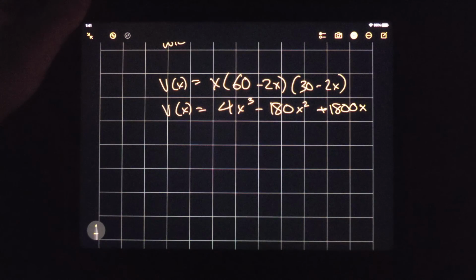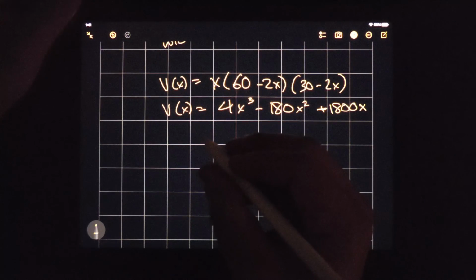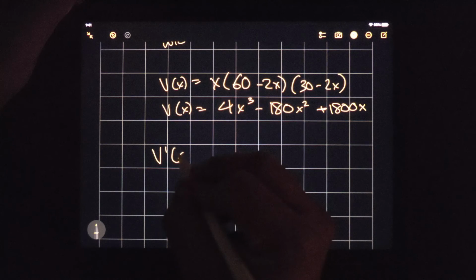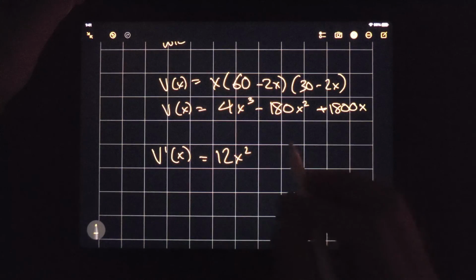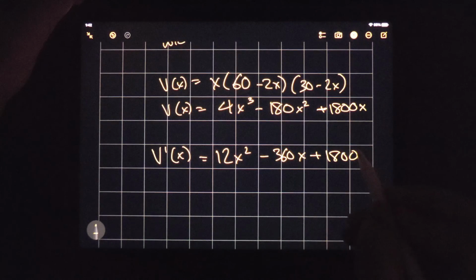I guess you already know what we're going to do with this. We're going to get the max and the min, well in this case the max, so V prime of x is going to be 12x squared minus 360x plus 1800.